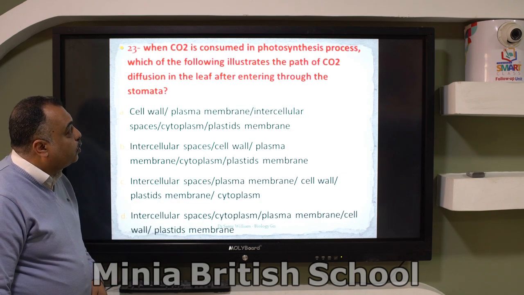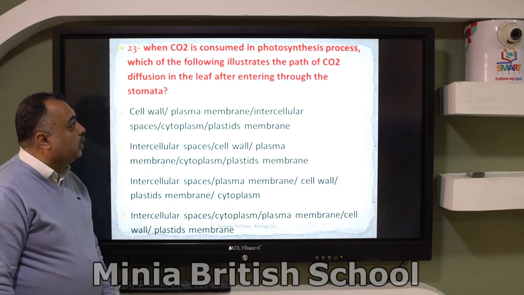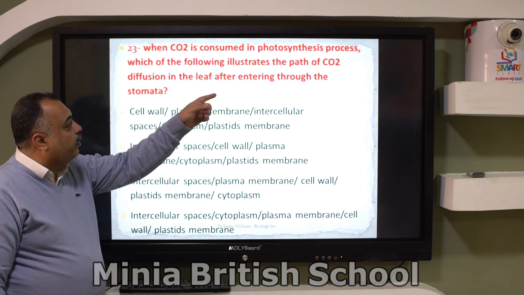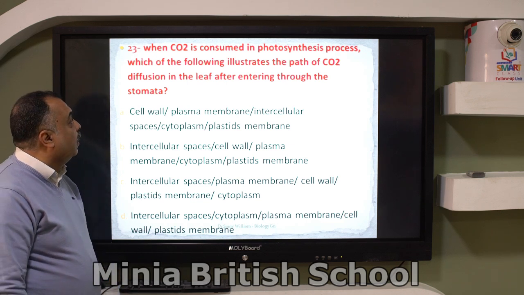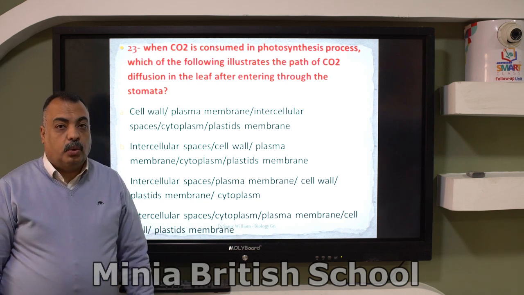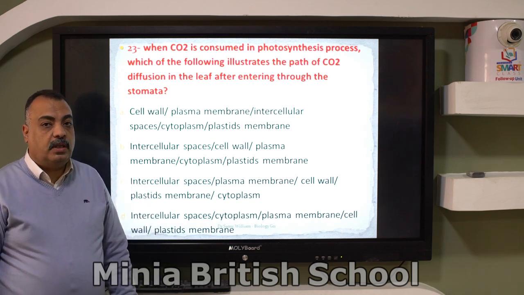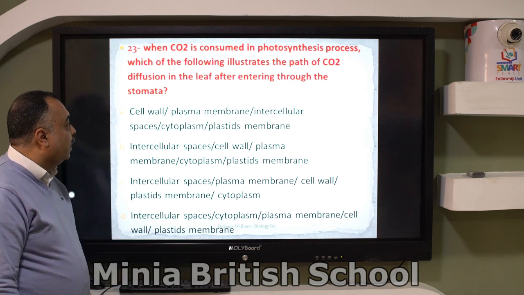When carbon dioxide is consumed in photosynthesis process, which of the following illustrates the path of carbon dioxide diffusion in the leaf after entering through the stomata? What is the path of carbon dioxide? One passes through stomata. What is its path towards the cells? Spongy cells and palisade layer cells.